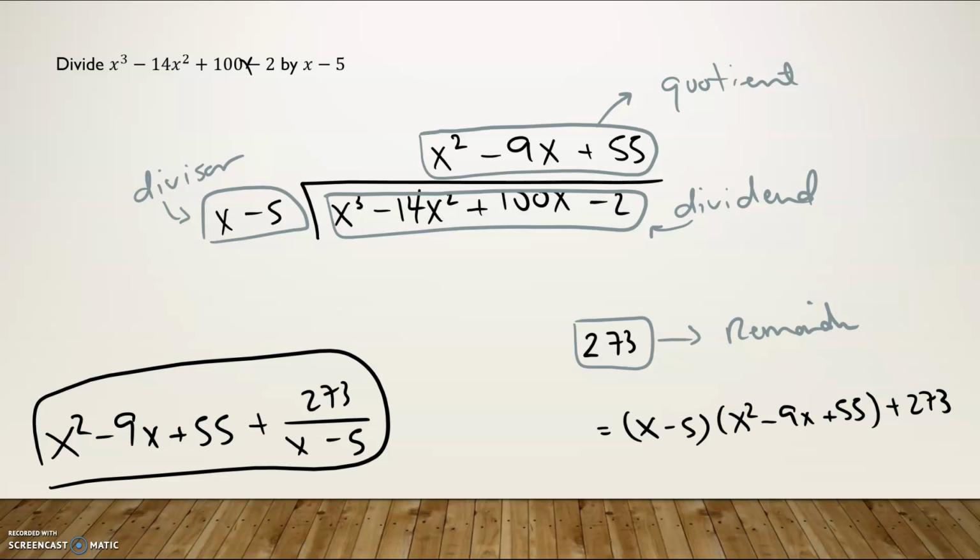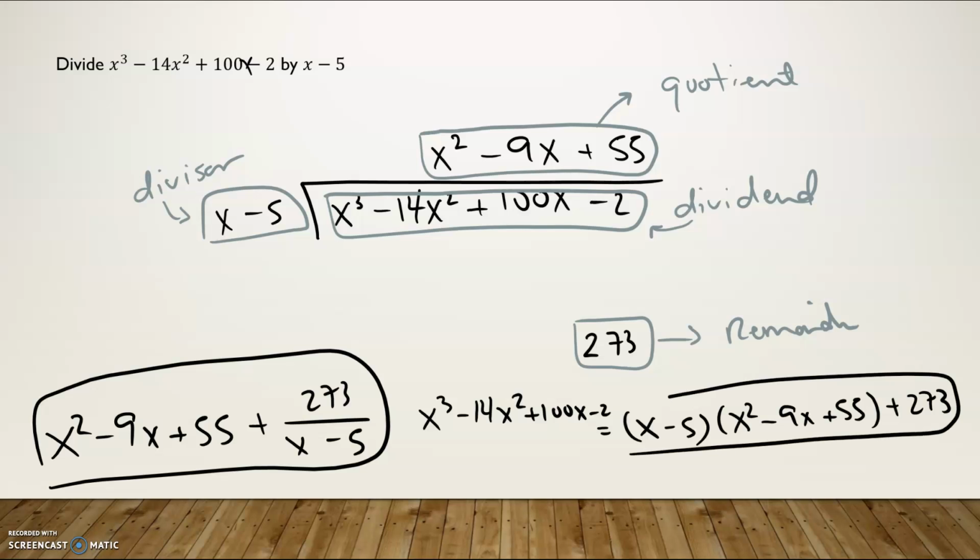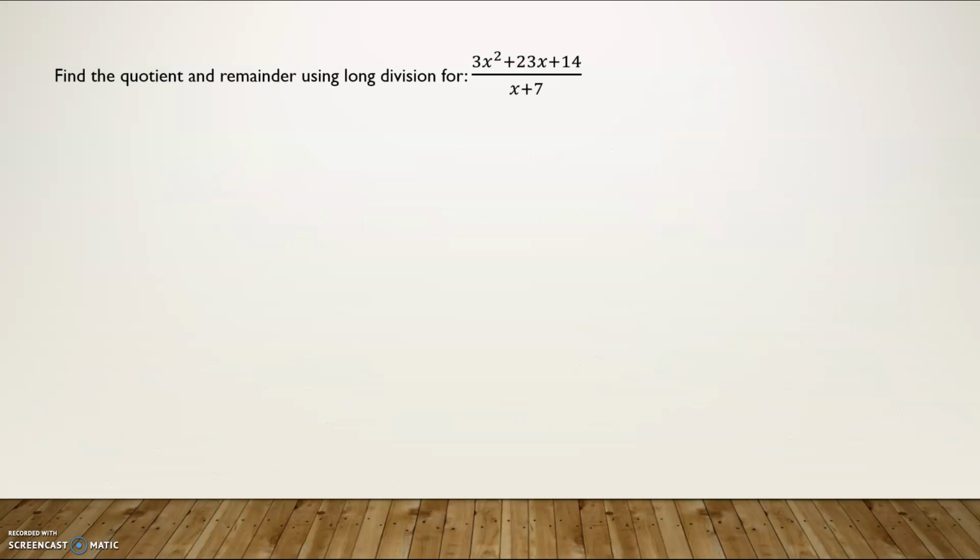This should be equal to the dividend. That was off just a little bit, but these should be equal to each other. So if we factor this out, these two things should be the same thing. So that could be a check to make sure that you do have the correct answer right here.